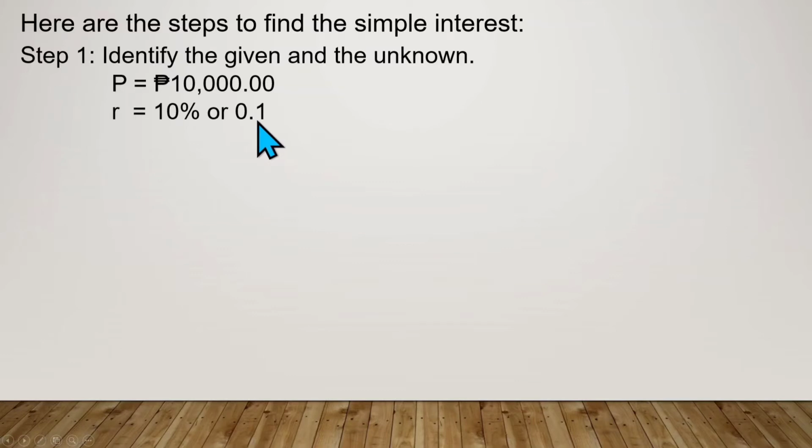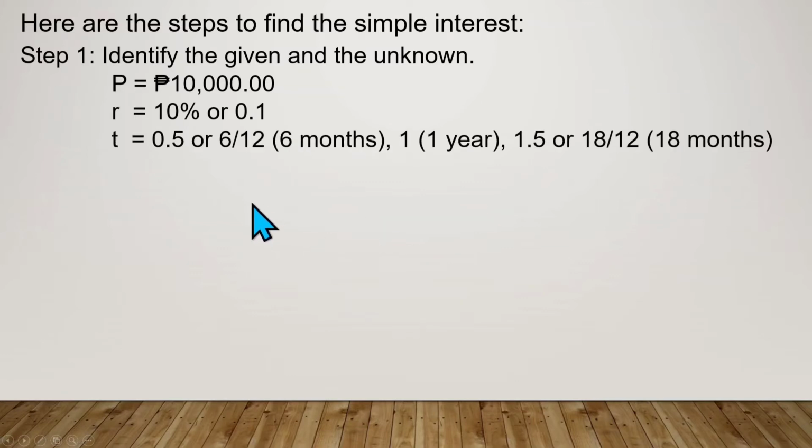And then we have the term or time. Suppose we have 0.5, or 6 months. Since the term or time is computed in years, if you're going to pay your loan in 6 months, you're going to divide 6 by 12. So 6 divided by 12 is 0.5. So the T for 6 months is 0.5.